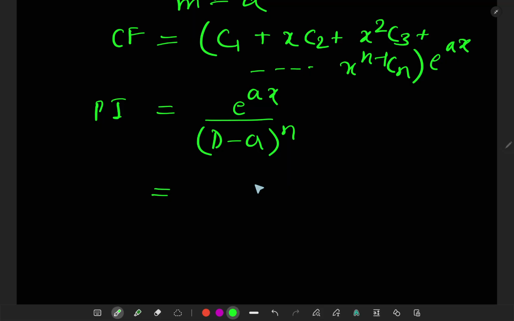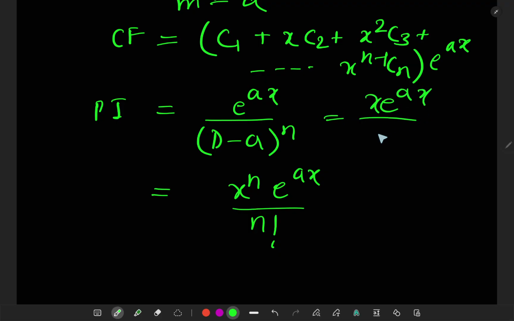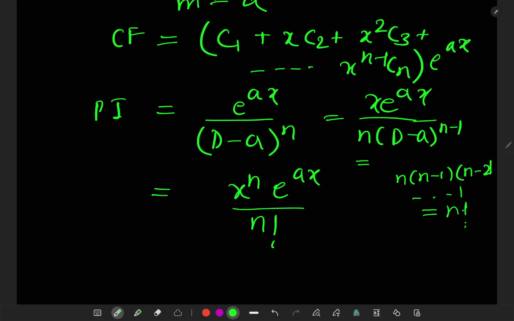So we can write here like that x raised to power n e raised to power ax divided by factorial n, because if we differentiate this term like that, e raised to power ax for the first time, again differentiate this term up to n times, so we can write here factorial n.